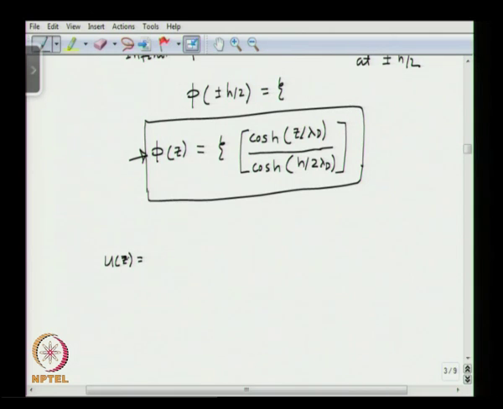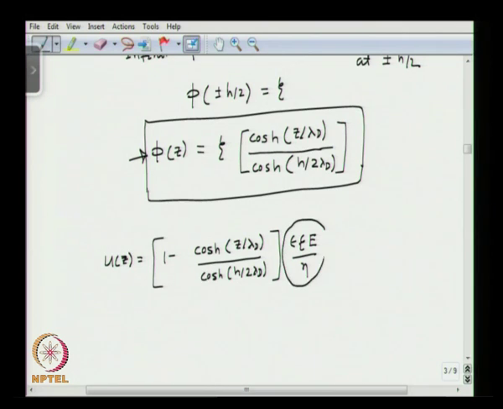So, we can have u z equal to 1 minus cosh of z over lambda d divided by cosh of h over 2 lambda d, into a factor, so you will have epsilon zeta E over eta.